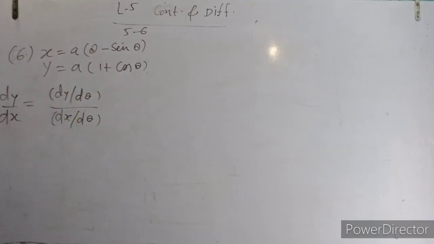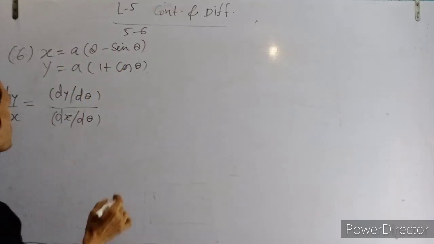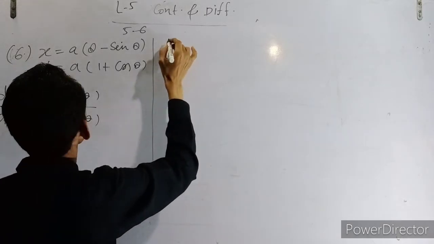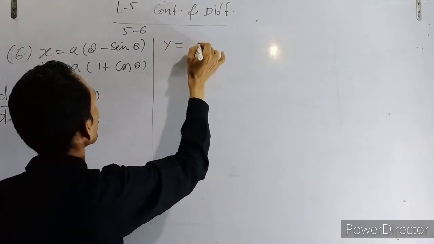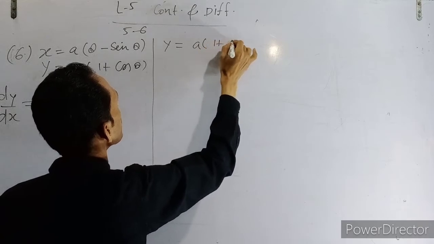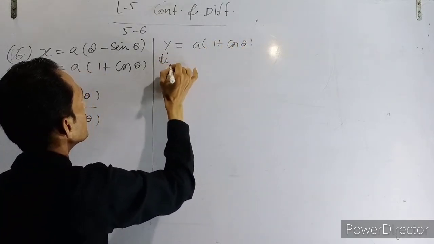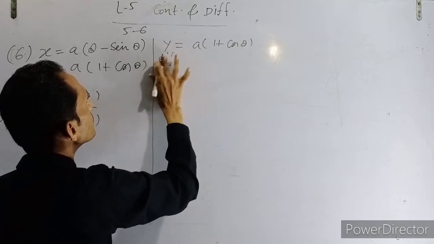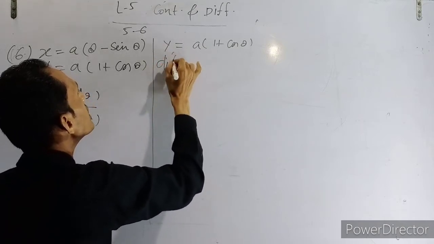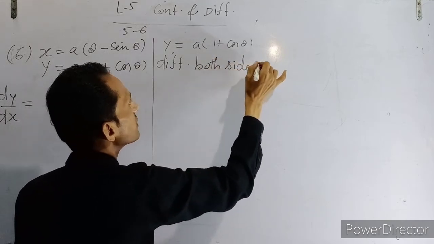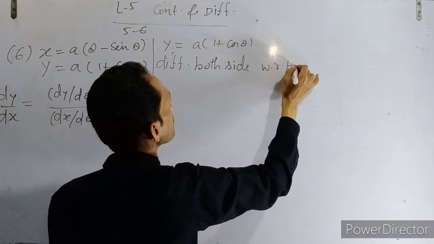So first you differentiate x and y. Now let 1: y is given as a into 1 plus cos theta. So differentiate both sides with respect to theta.